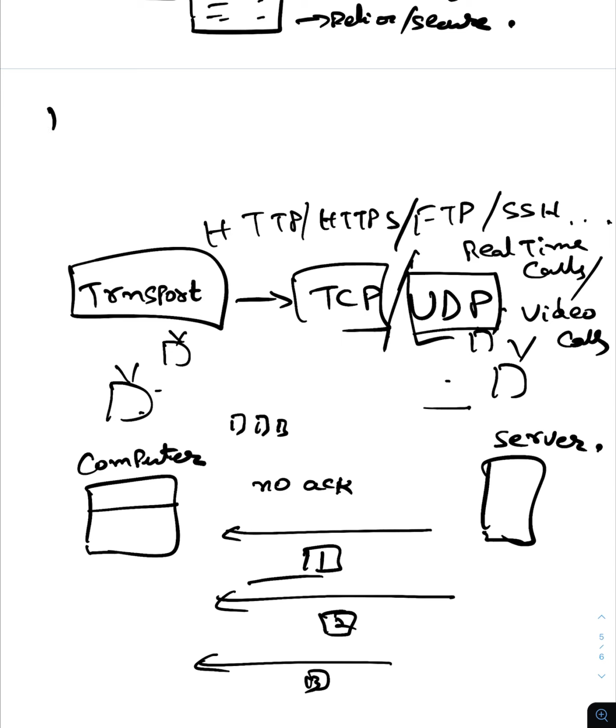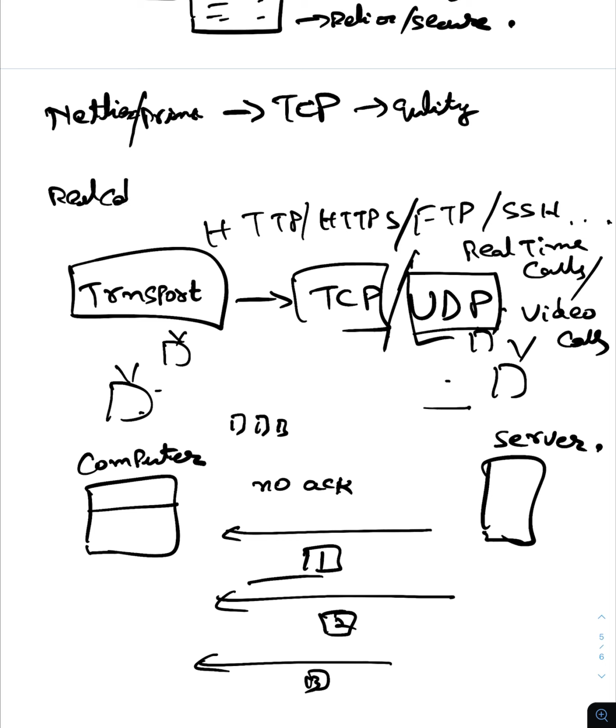I know Netflix is the real time example where we watch our movies. Netflix, Prime, and everything use TCP, as they need quality, they don't want any missing packets. But your real time calls, video calls, they use UDP.